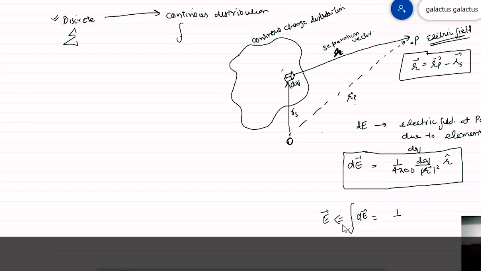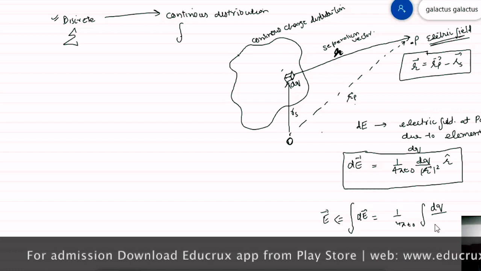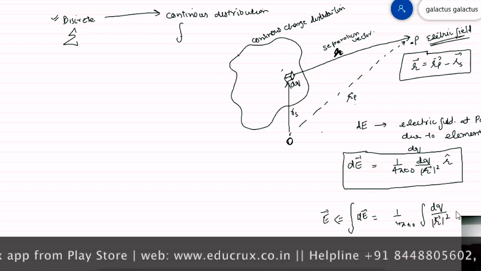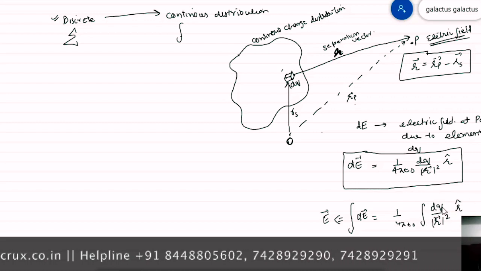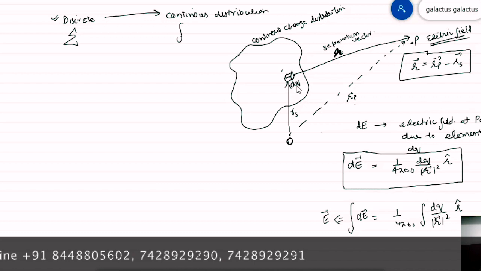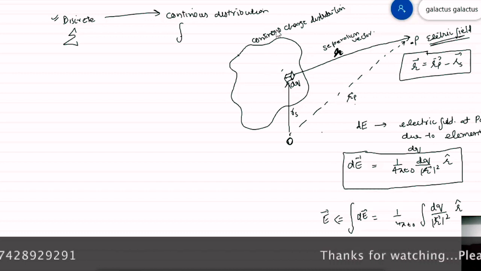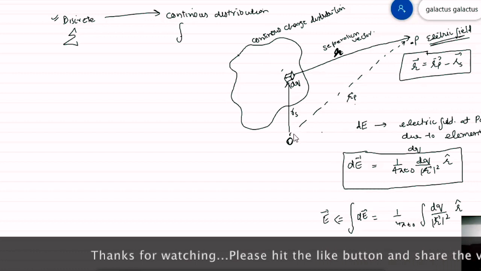So E vector will be 1 by 4 pi epsilon naught integral of dq upon r square r cap. To integrate over this continuous charge distribution, we have to know how the charge is distributed.